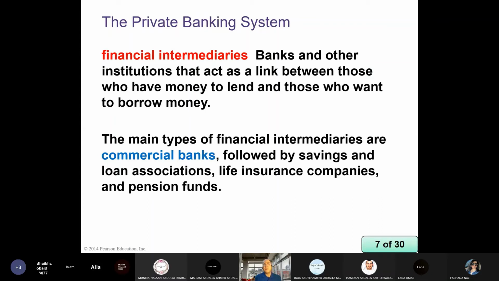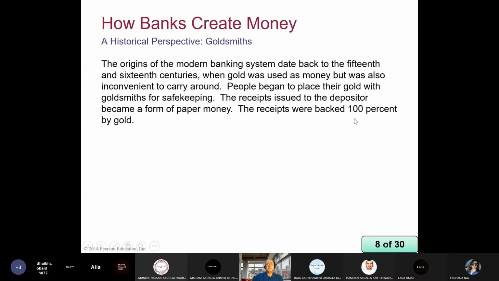But in some countries, we have other institutions, such as savings and loan associations, life insurance and pension funds, that are part of the private banking system because they have lots of money, so they can affect the level of liquidity because they hold a huge amount of money and they work with money.